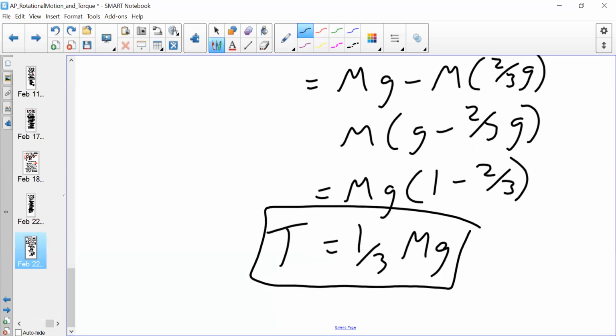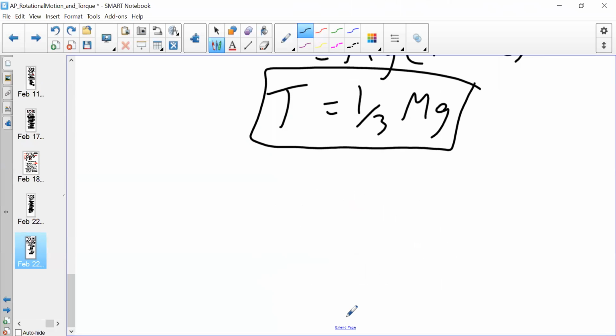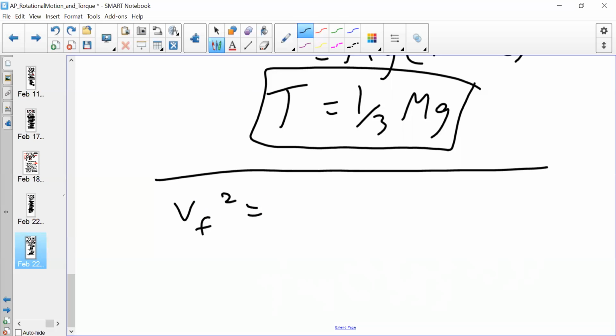So once we get the acceleration, as we've done in all of our problems, now you can just go back and domino the rest: the tension, velocity, time. And obviously, speaking of the velocity, we can use kinematics to get the expression for the final speed. So VF squared equals VI squared plus 2ad, arbitrary distance h, whatever.